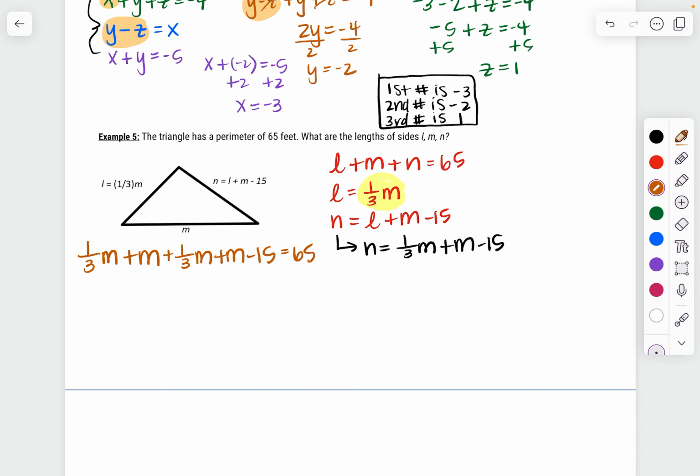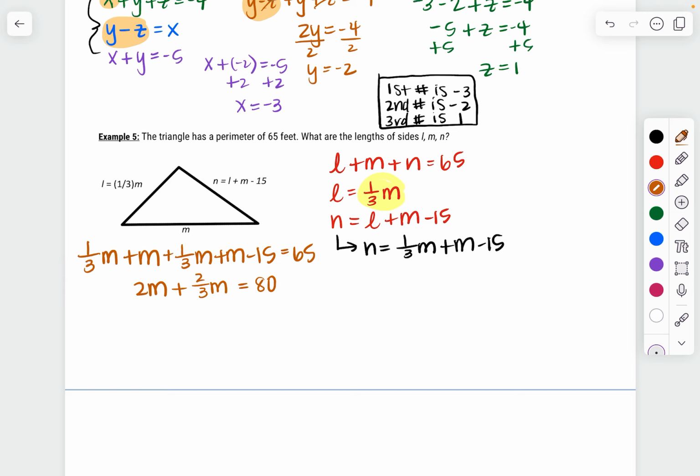So now I have to combine some things. First, I'm going to move that 15 over and get that out of the way. Let's combine the whole number M's as well. 2M, because there's two whole ones. And I have 2/3 M, and that's going to be equal to 80 if I move that 15 over by adding it to both sides.